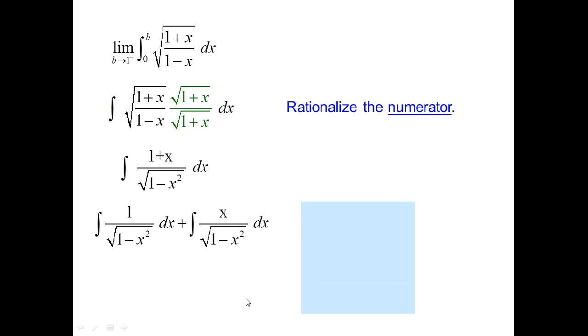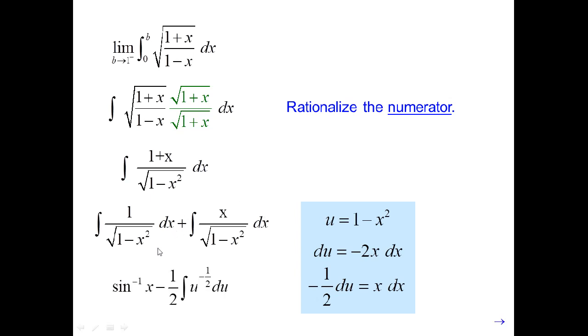Now, when we integrate, we can use 1 minus x squared as our u, and when we do our conversions here, we're going to get the inverse sine of x, and over here we're going to get 1/2 u to the negative 1/2 power.